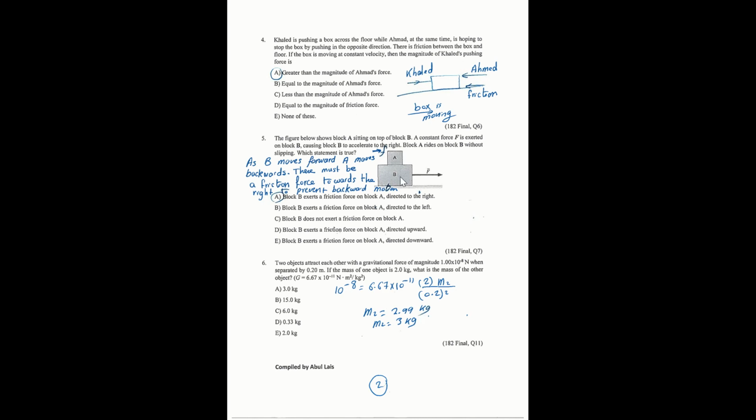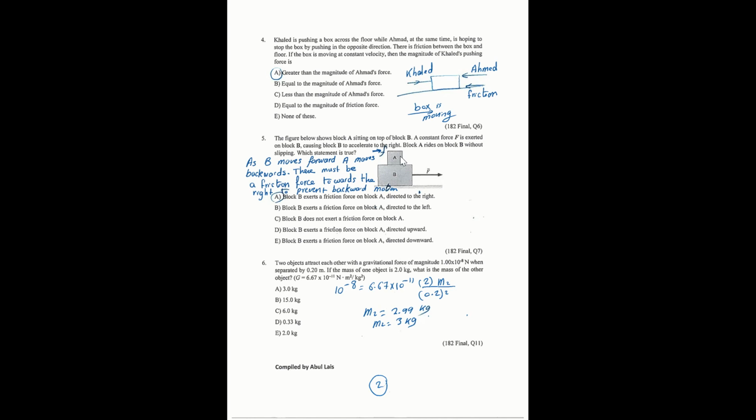So to describe this, we have two blocks, B, and A is sitting at the top of B. Now block B is moving towards the right, but it's not only moving, it is accelerating towards the right, and we can tell that because there's a force pulling it towards the right. However, although B is accelerating towards the right, A does not move.